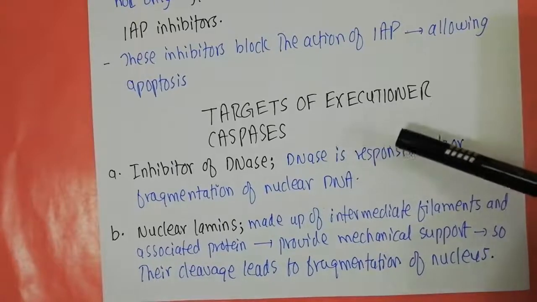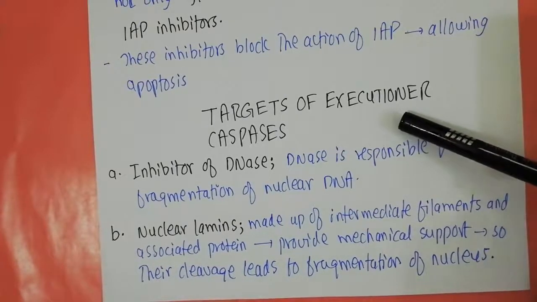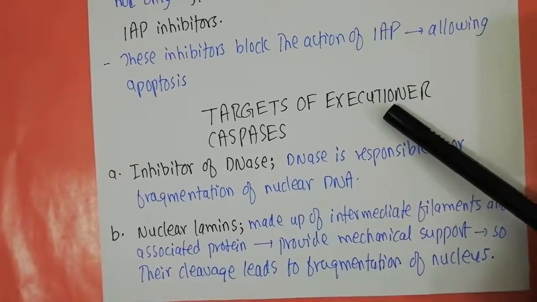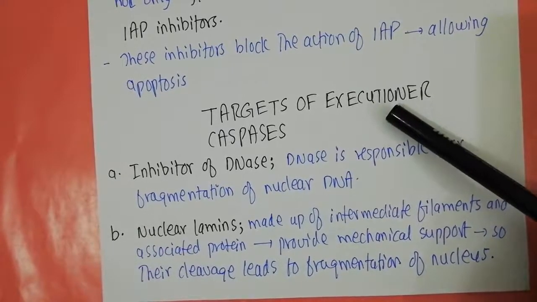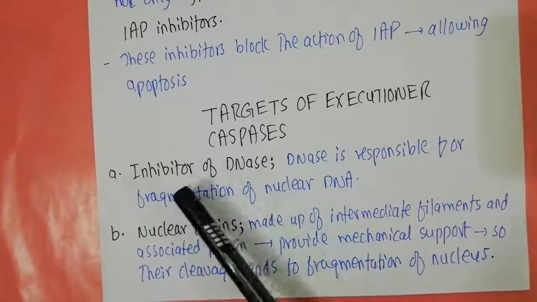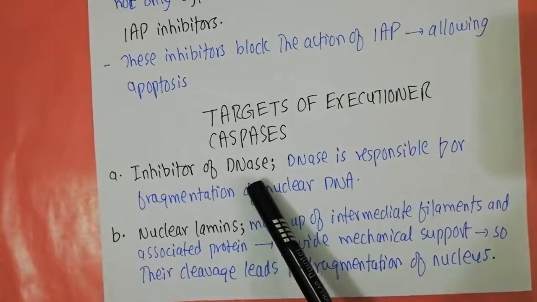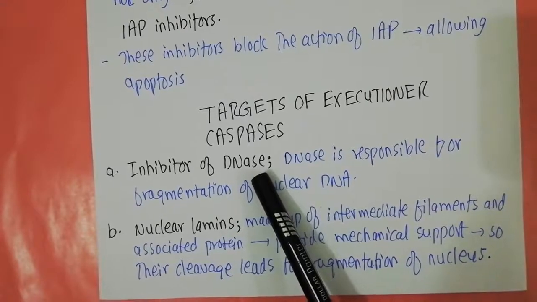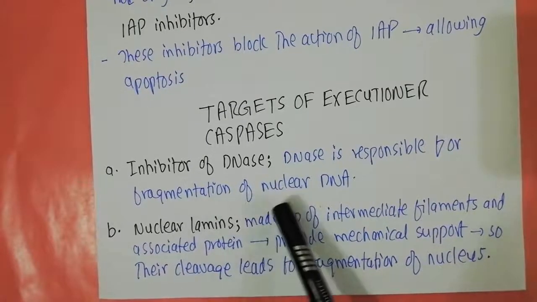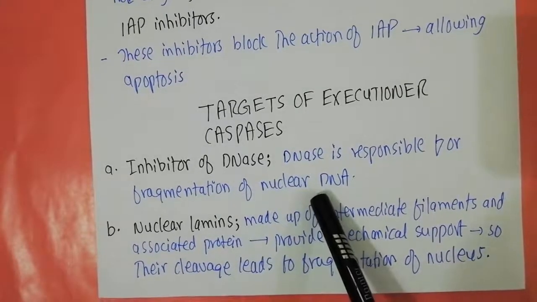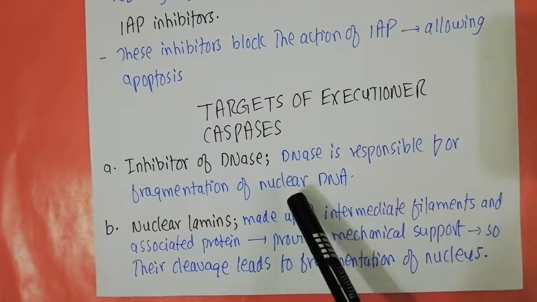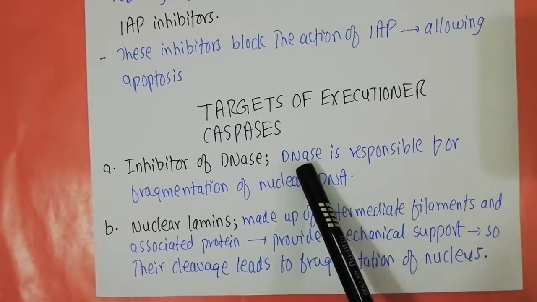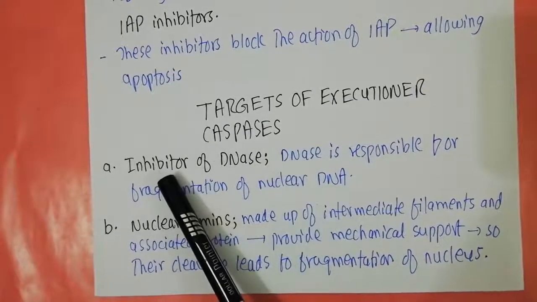So what are the targets for these executional caspases? One of the important targets for these executional caspases, for example Caspase 3 or Caspase 7, is an inhibitor of the DNase. Now, you all know that DNase is an enzyme which is responsible for the fragmentation of the nuclear DNA. In normal condition, when there is no apoptosis, the action of this DNase is inhibited by an inhibitor.